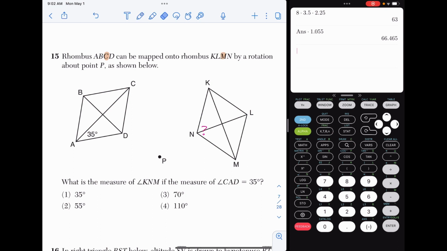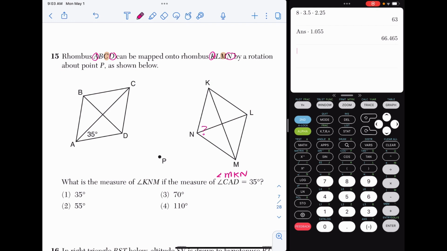So CAD is equivalent to angle M. I'm going to finish that angle, by the way. So A and K correspond, so MK. And then D and N correspond. When we have a rotation, angle measure is preserved.